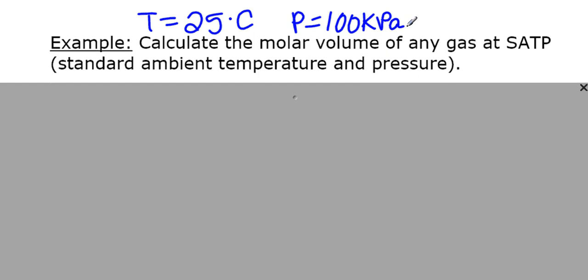SATP is more commonly used to standardize more working conditions, like in a lab, because you wouldn't generally be working at 0 degrees Celsius. You're closer to room temperature, which is lower 20s in Celsius. So I want you to try and use our manipulated molar volume formula and see if you can solve for the molar volume of any gas, this time under SATP conditions. When you're ready to check, unpause, and we'll walk through the answer.